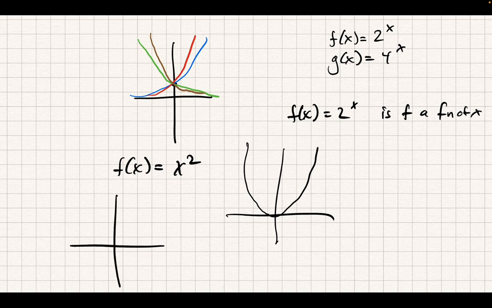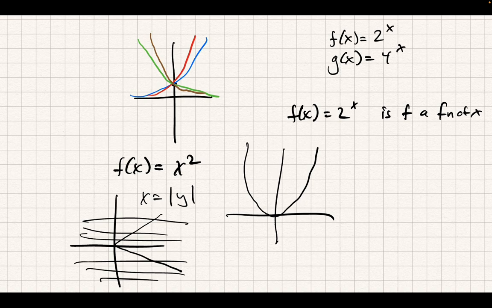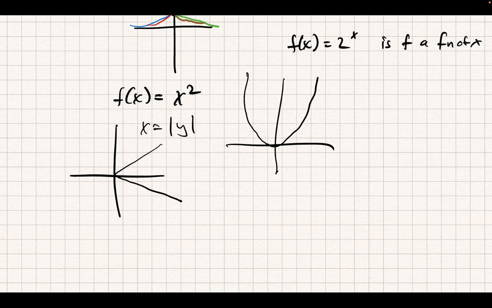Okay, absolute value of y equals x. Does it pass the vertical line test? It doesn't. But does it have an inverse? Yes, because it passes the horizontal line test, right? Give me an example of a function or a graph that fails both the vertical and the horizontal line test.